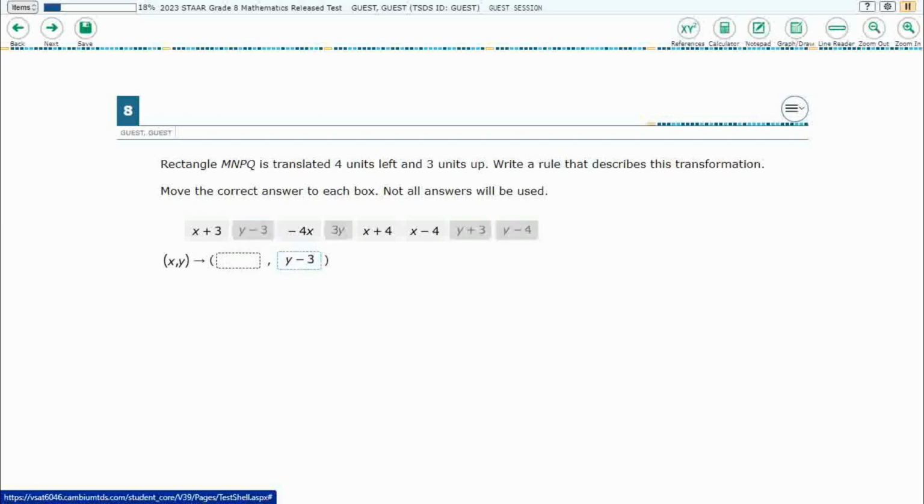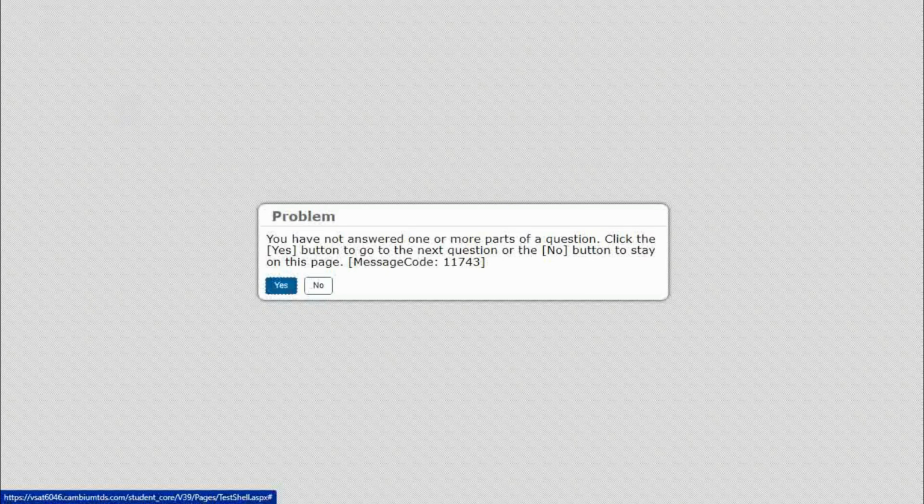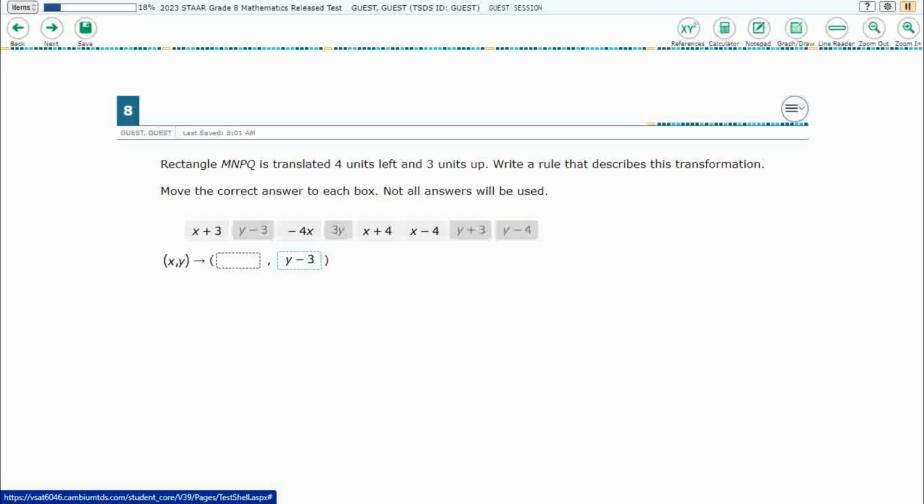We can only move the x transformations into the first spot and then the y transformations into the second spot. And then obviously if we try to answer it without answering both, then we are going to get this error message that says you have not answered everything. So this problem at least forces us to look at the x's first and the y second. So that's helpful to know.